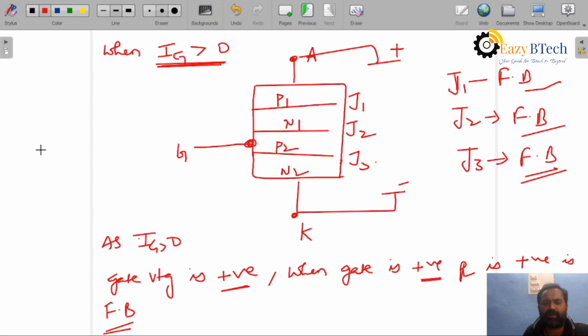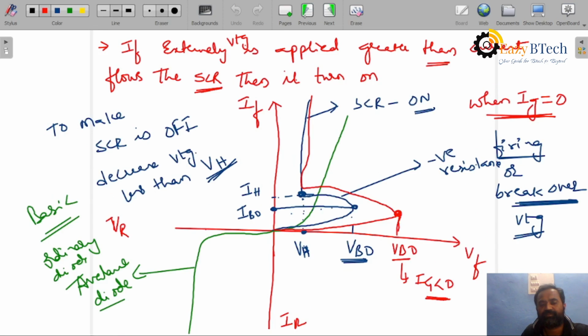Now the SCR is completely in the on state. Is it clear? Now what happens? The breakover point will be reduced. This is the breakover point.